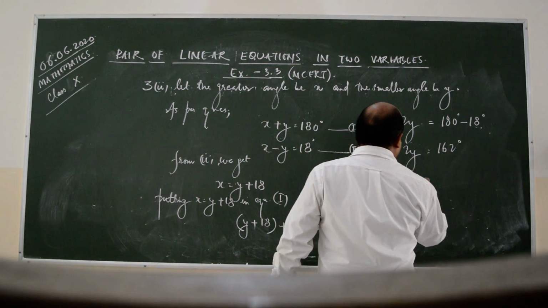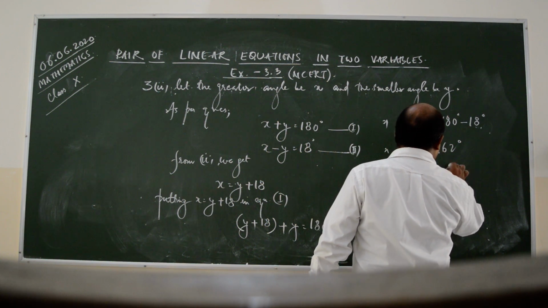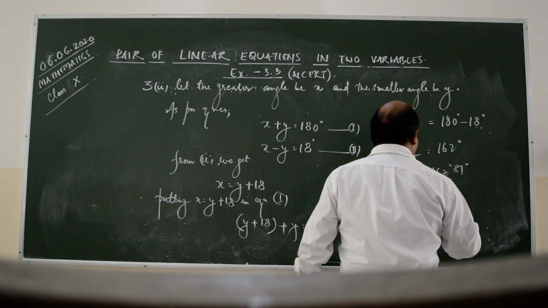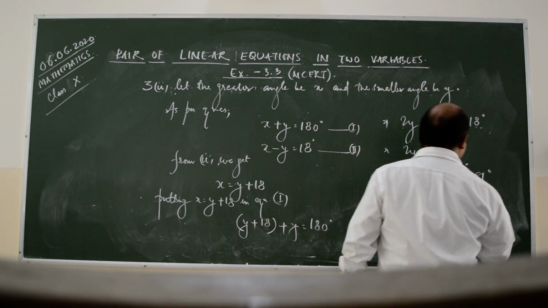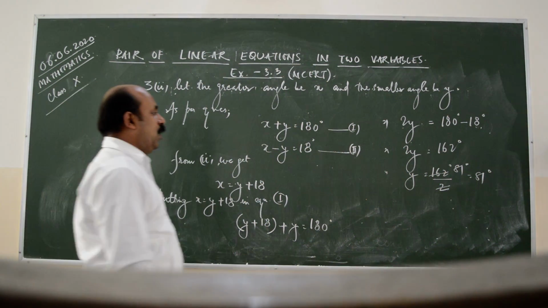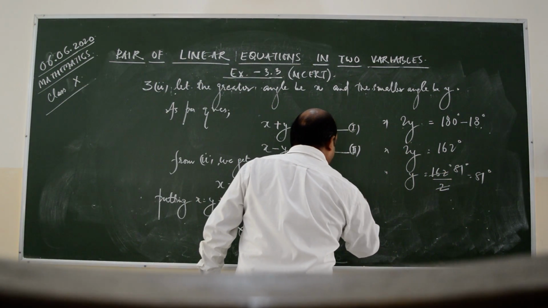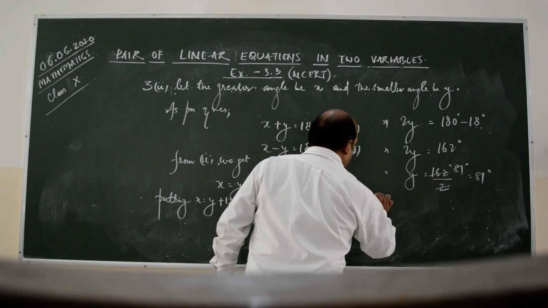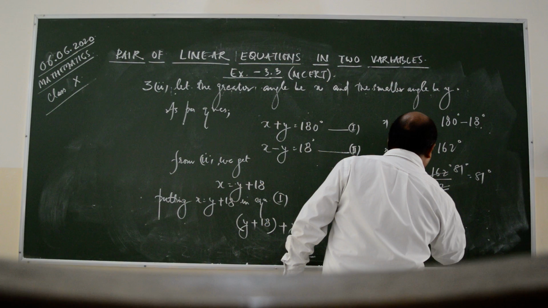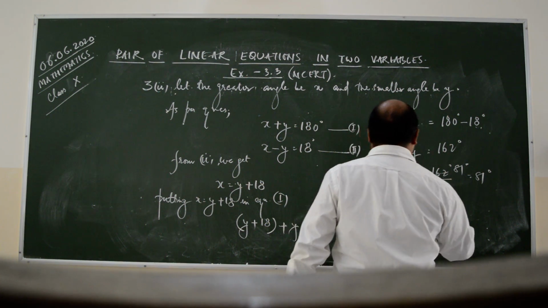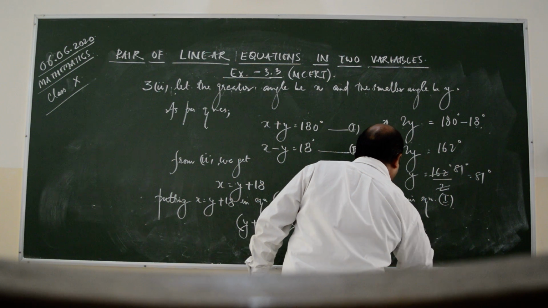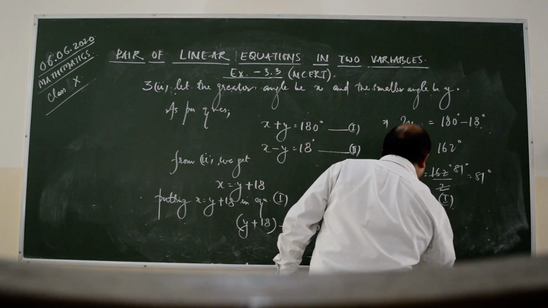So the value of y will be 162 degrees by 2, that is 81 degrees. We will put the value of y in the first equation. Putting y is equal to 81 degrees in equation 1, we get x plus 81 is equal to 180.